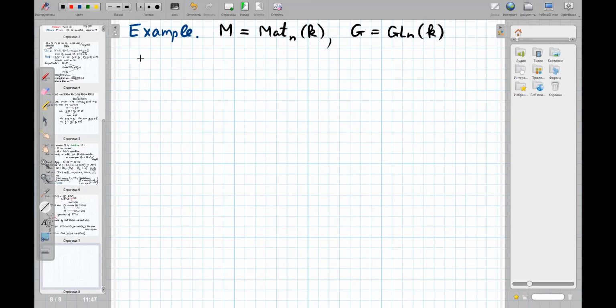These functions will be just the upper left corner minors. So let me try to draw a matrix.